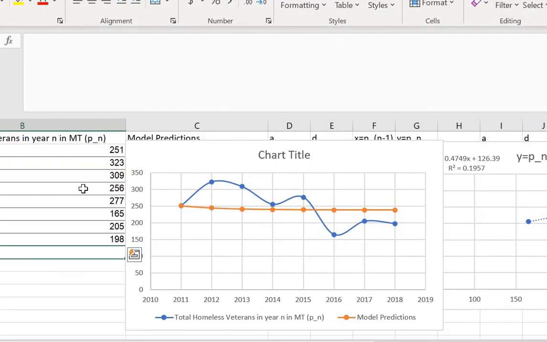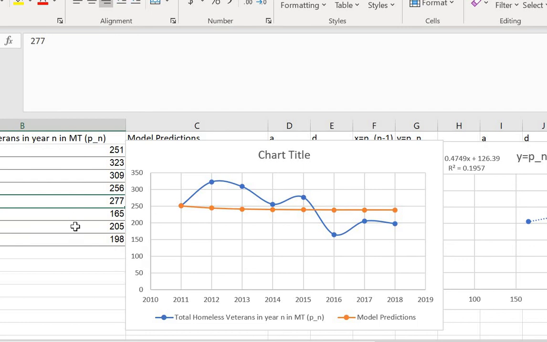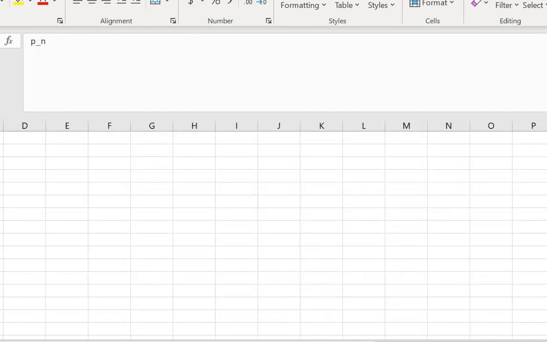And then once I do that, I'll do it quickly over here. So if I do that, this is my P sub n. And P sub n, I can manually type this in.